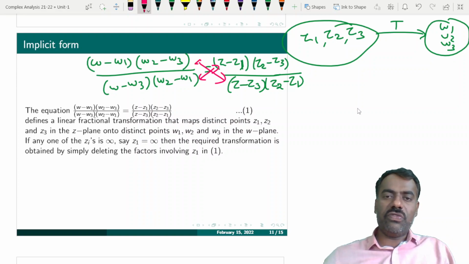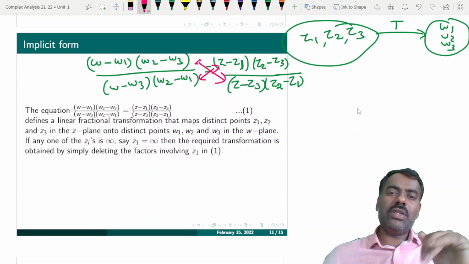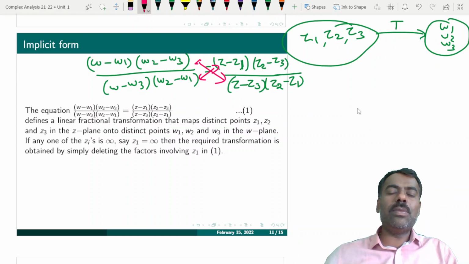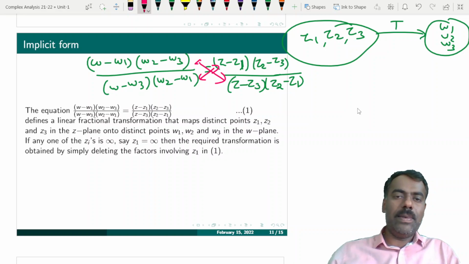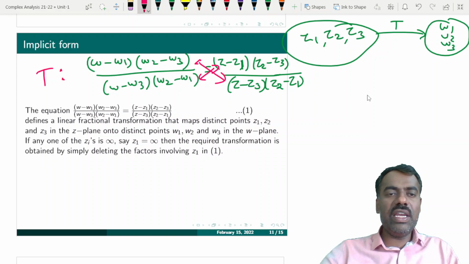We substitute after cross multiplying because in the denominator you may get 0 somewhere. So when z is equal to z1, what remains is w is equal to w1. That means z1 will be mapped to w1. Similarly, z2 will be mapped to w2, and z3 will be mapped to w3. So the required linear fractional transformation will satisfy this condition.